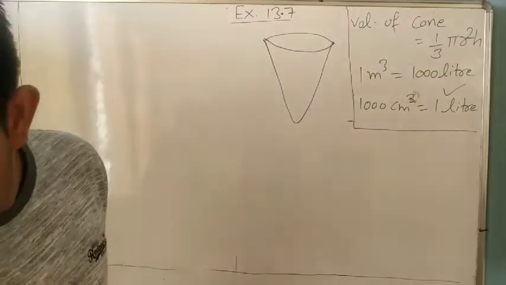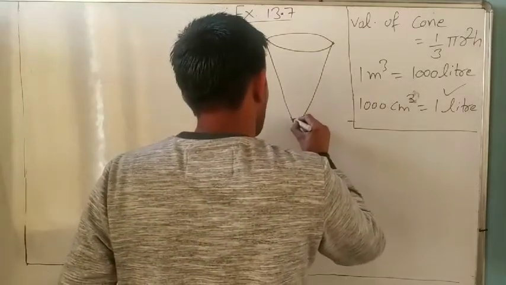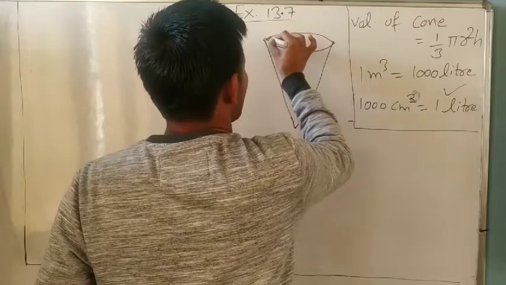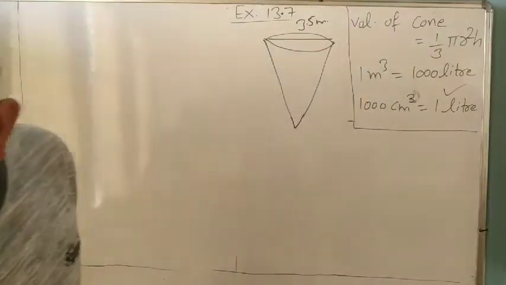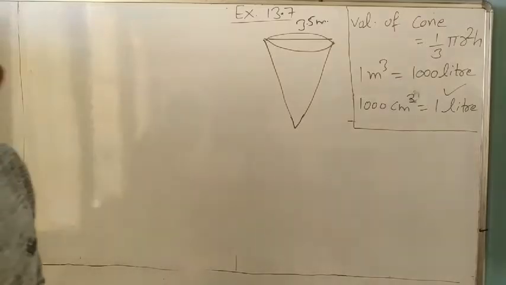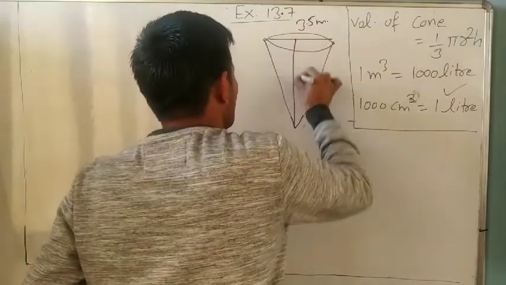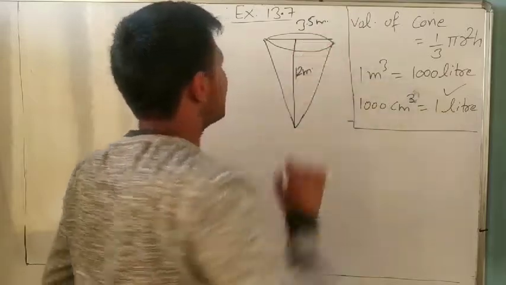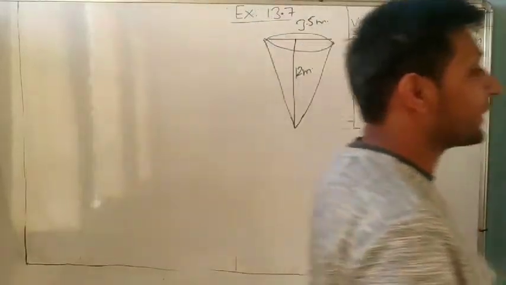A conical pit of top diameter 3.5 meter, I think you can find it yourself, and it is 12 meter deep. 12 meter deep means it is 12 meter height. Understand? So what is the capacity in kiloliter?